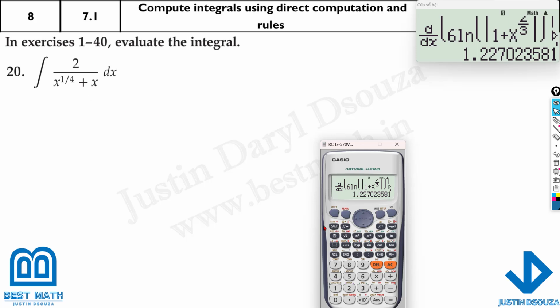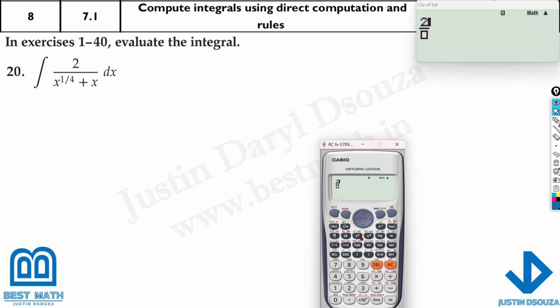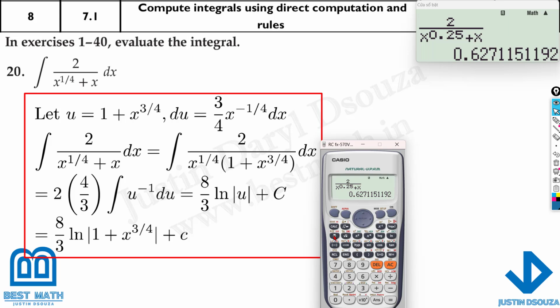Same way we can try the others. Here it is 2 divided by x power, I'll write it as 0.25. 0.25 is 1/4, and then plus x, and calculate it at 2, and we get 0.627. Now looking at the answers, all the 4 options must be there, and now we need to solve this, and we need to get 0.627.